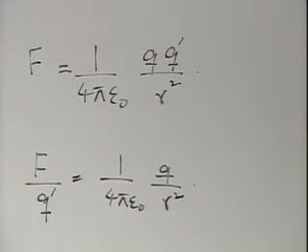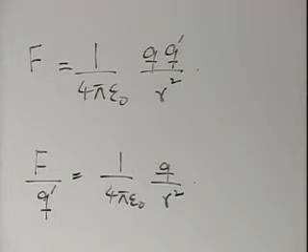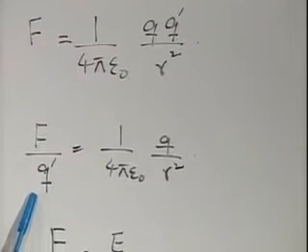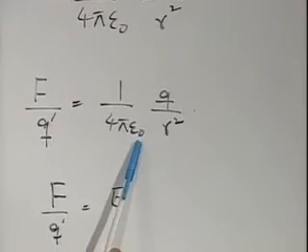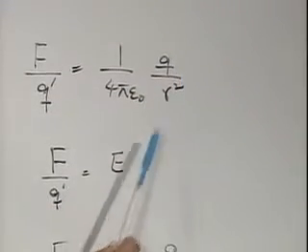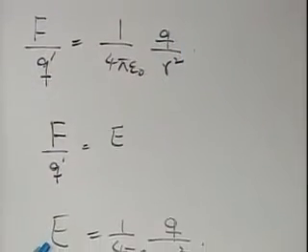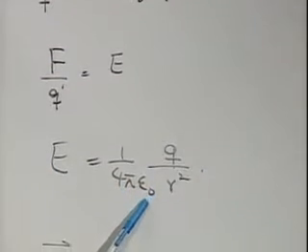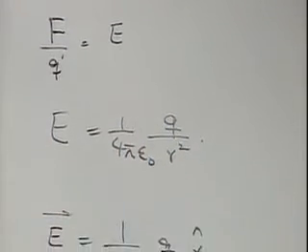Now we defined electric field intensity as the force on a unit charge. So if I divide F by q dash, I get a force per unit charge given by 1 over 4 pi epsilon naught q over r square. So I have an expression for electric field intensity. E is equal to 1 over 4 pi epsilon naught q over r square.